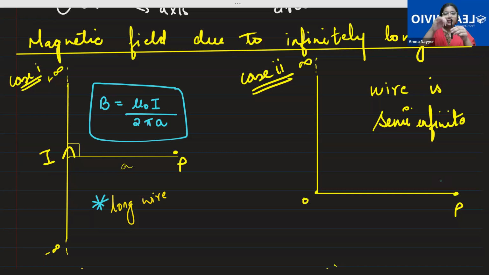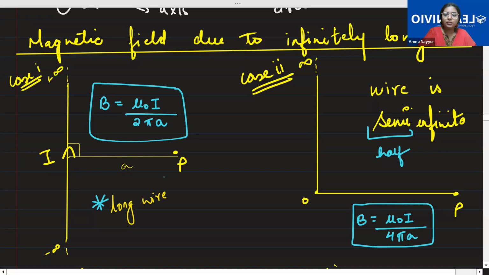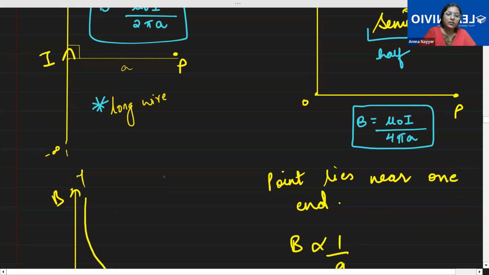So the magnetic field will be mu naught I by 4 pi a. Remember two things here. One is that the wire is semi-infinite: semi means half, half of the wire will be infinite and half will be finite. The point of calculation will always lie near the finite end.